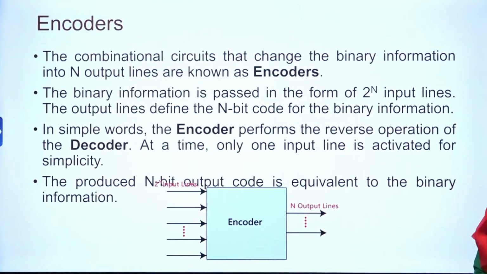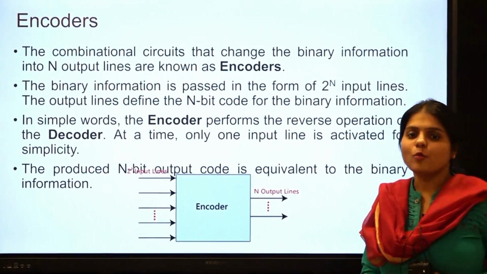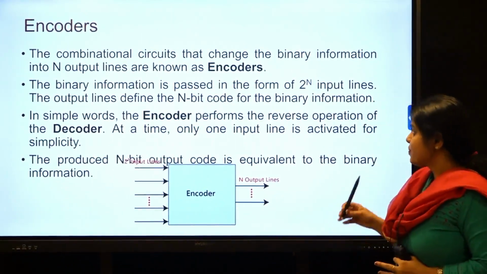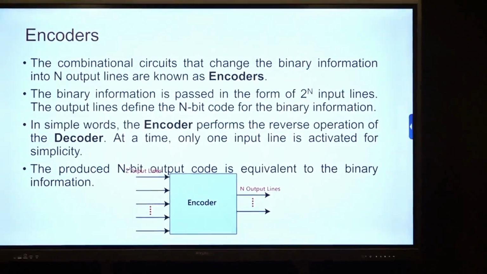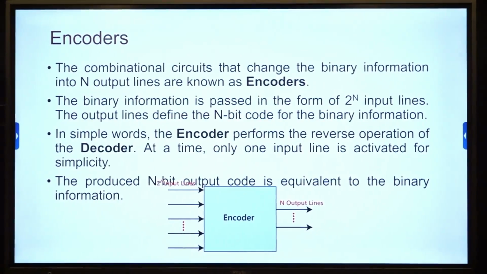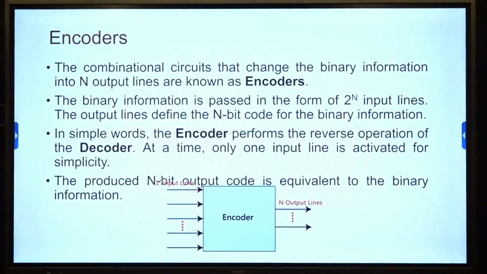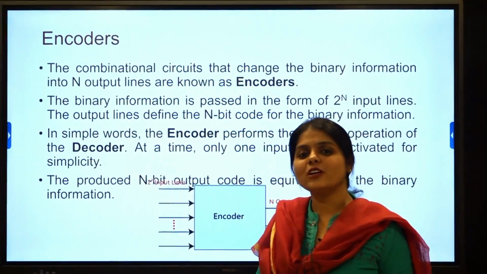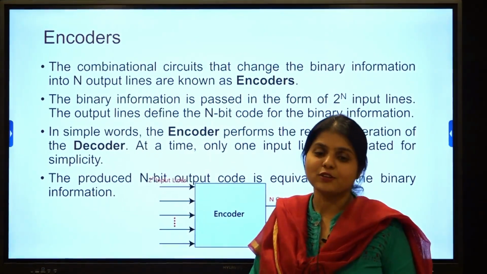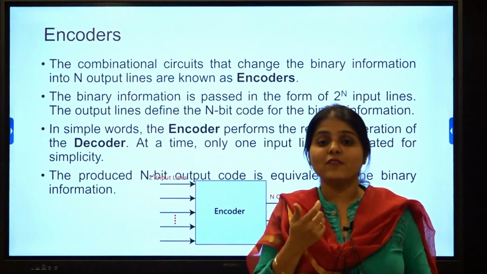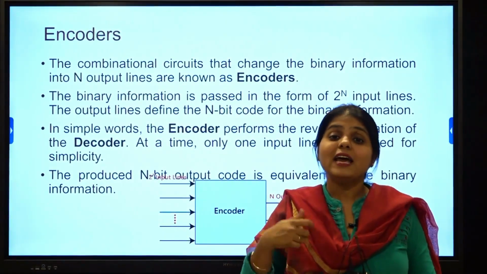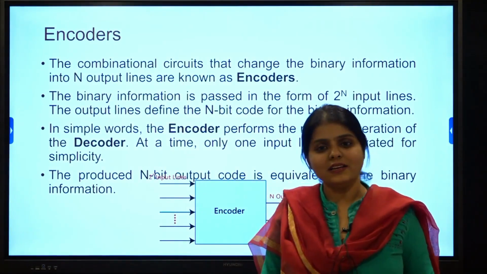Okay, so the next topic is the next combinational logic circuit, which is encoders. Encoders are combinational logic circuits that convert binary information from 2 power n input lines to n outputs, that is the reverse functionality of a decoder. In decoder circuits we have n inputs and 2 power n outputs, whereas in encoders we have n outputs for 2 power n inputs.